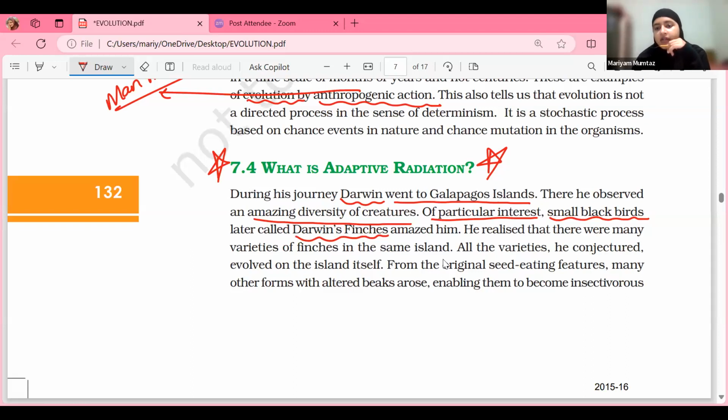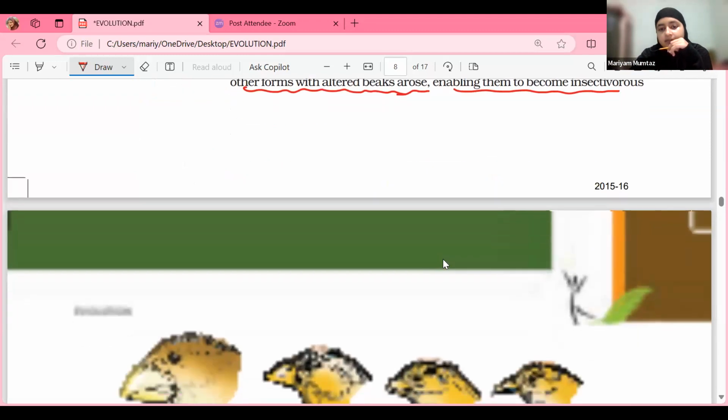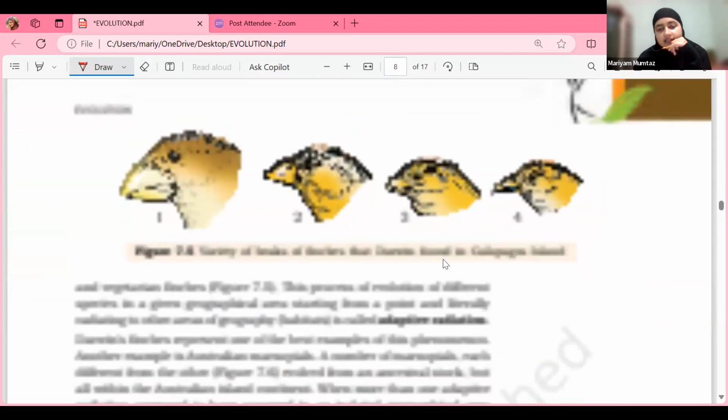Now why? Because he realized that on that same island there were so many varieties of the same bird. From the original seed-eating features, many other forms with altered beaks arose, enabling them to become insectivorous. Okay, look at this diagram.